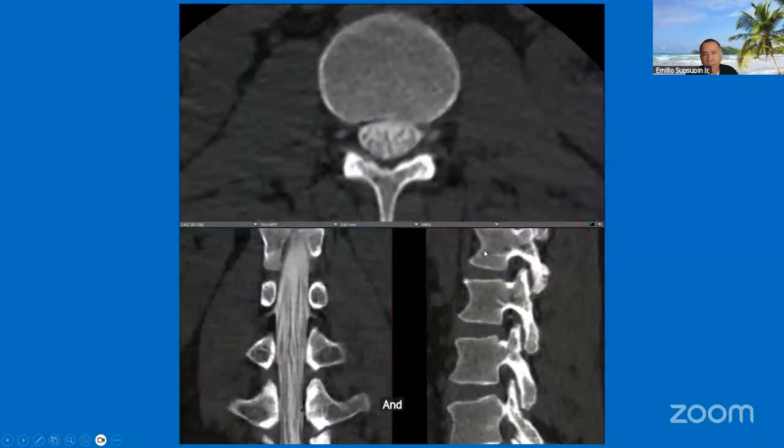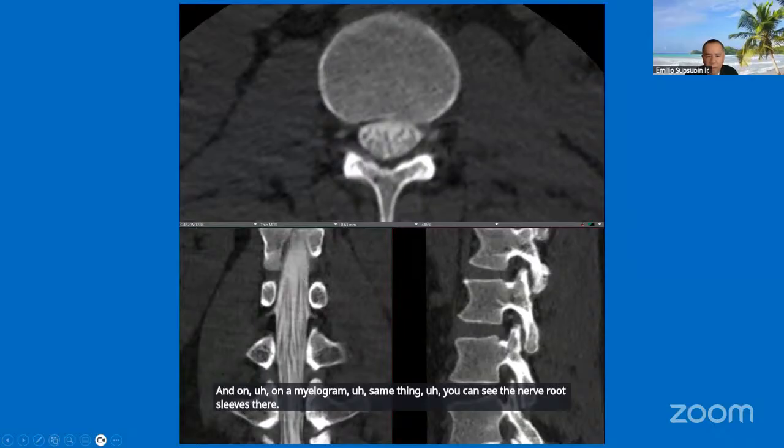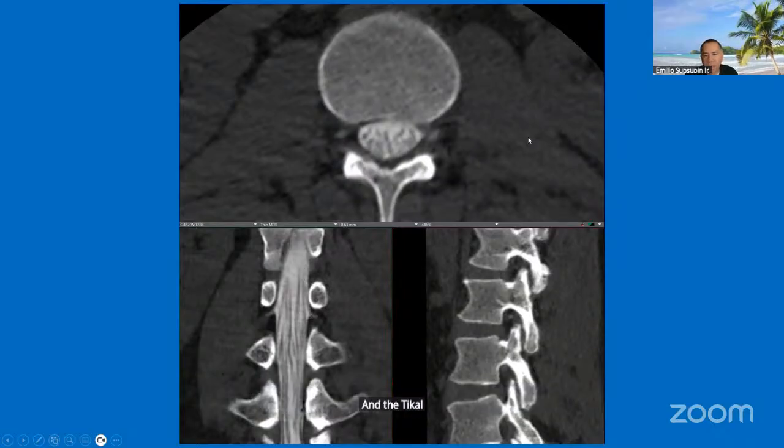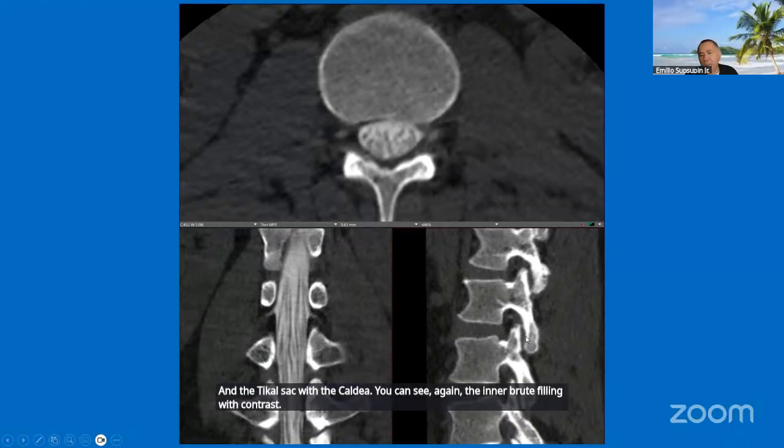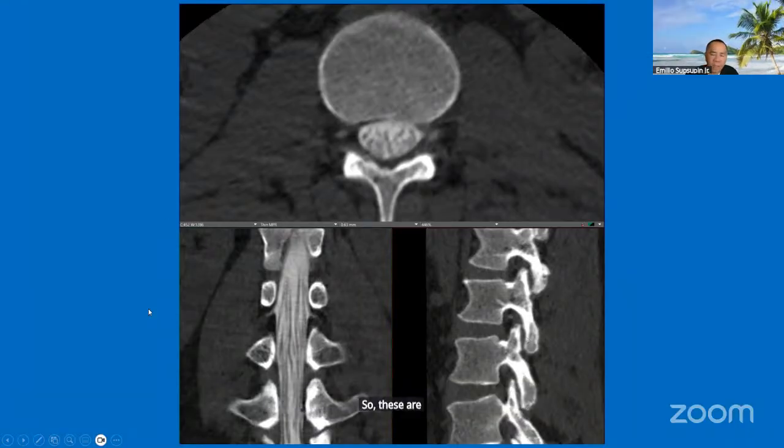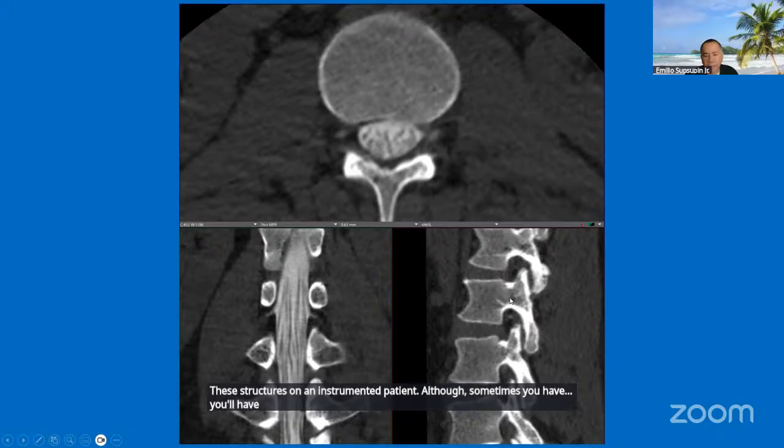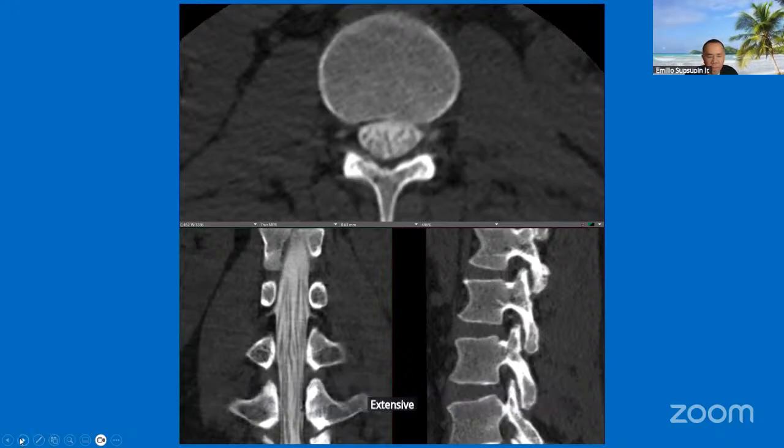And on a myelogram, same thing. You can see the nerve root sleeves there, and the thecal sac with the cauda equina. You can see again the nerve root filling with contrast. So these are alternative means to look at these structures in an instrumented patient. Although sometimes you'll have a similar artifact, it's not as extensive as the blooming artifact, as we call it, on MRI.